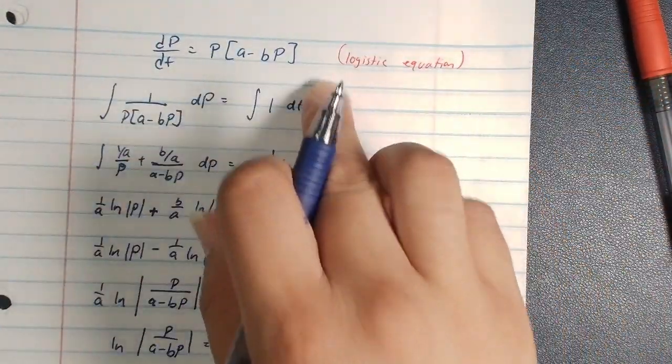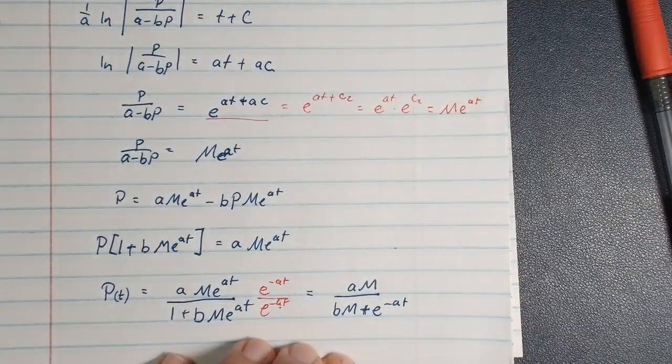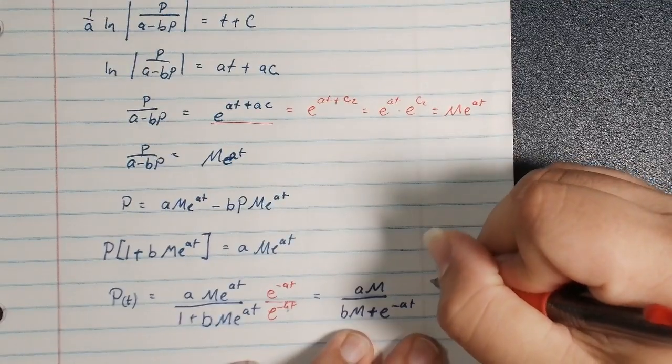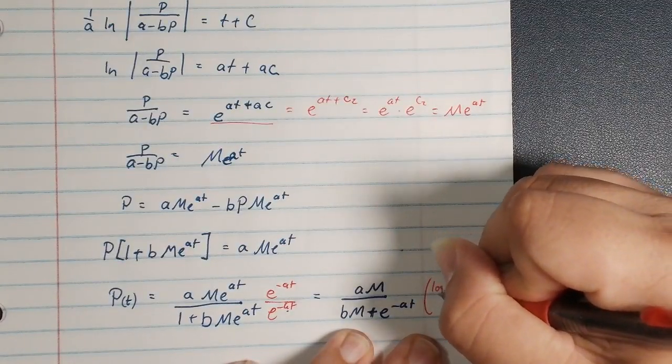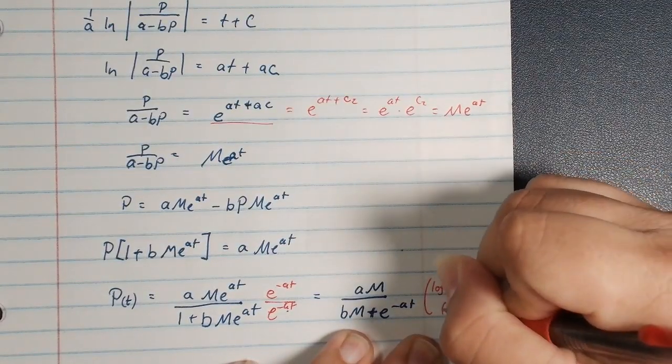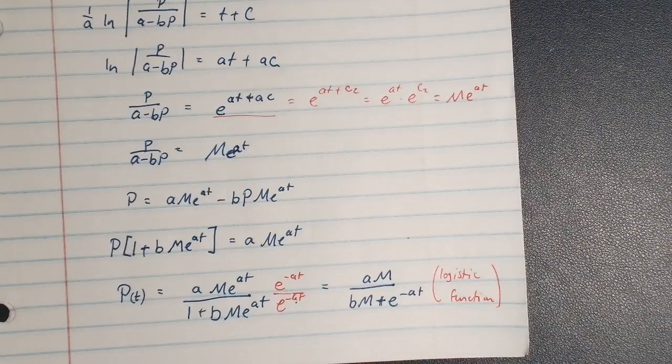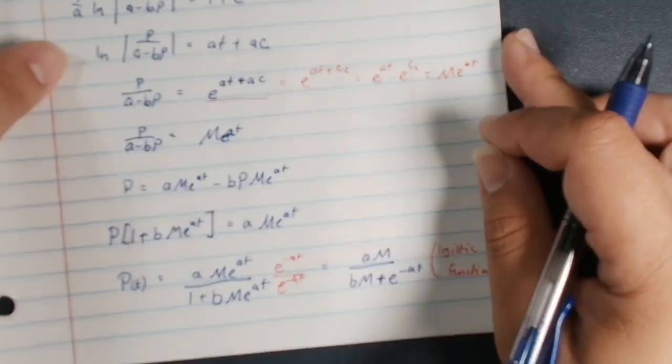We've just solved this differential equation here, and the solution to the differential equation, the solution to the logistic equation, is often called the logistic function. We can take this and with one additional step, make it a little more directly usable.